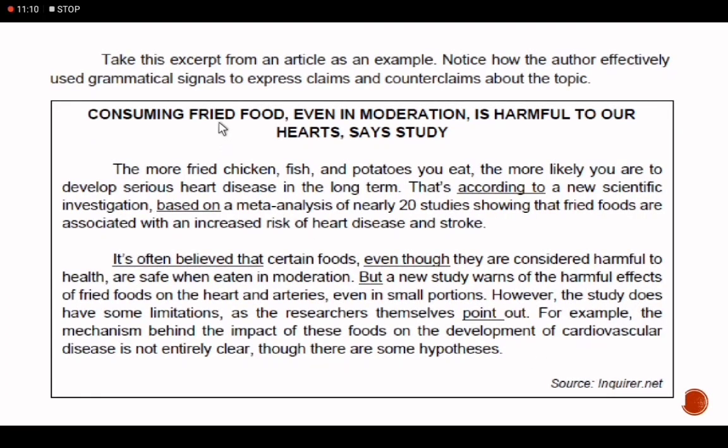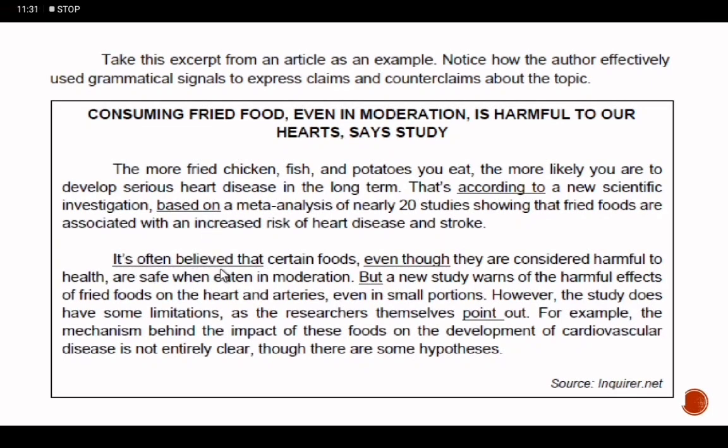Now, here's an excerpt of an article, and please notice how the author effectively used grammatical signals. What are the grammatical signals that he used? For claims and counterclaims, we have the words according to. Obviously, this is a claim. Based on, a claim again.